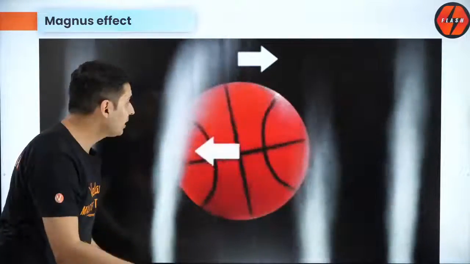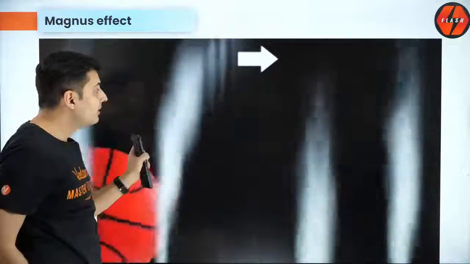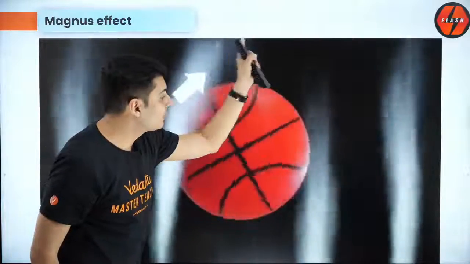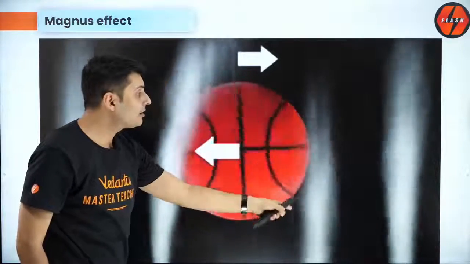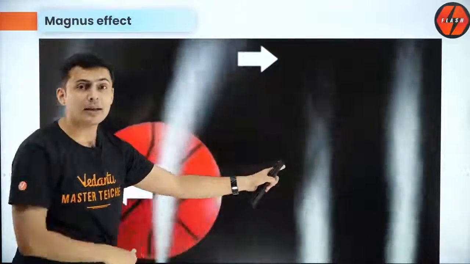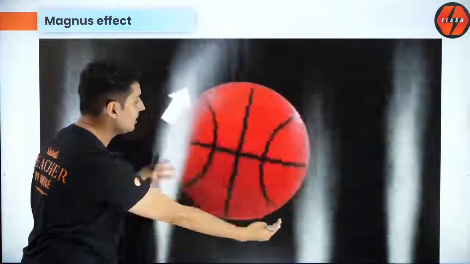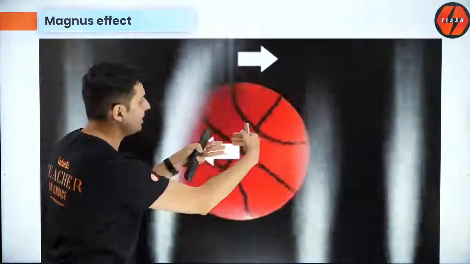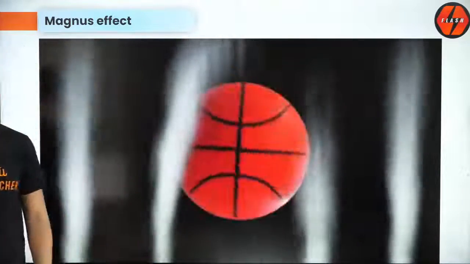Now the part of the air which is pushed with a higher speed, that's where the pressure will be low. And the part of the air which is slowed down because of the spin of the ball, that's where the pressure will be high. So what will happen? On one side you have high pressure, on the other side you have low pressure. So the moment there is pressure difference, the ball will swing towards one side.